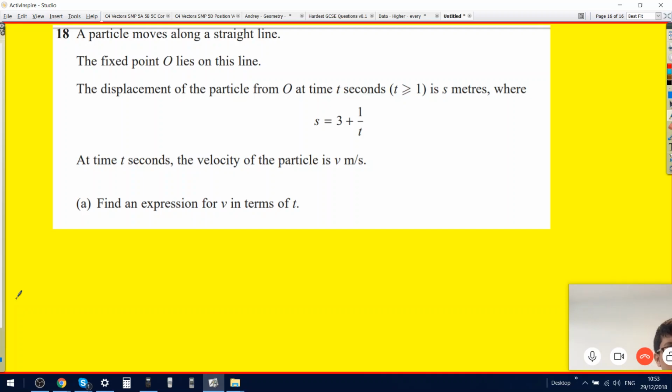Find an expression for v in terms of t. At time t, the velocity is v meters per second.